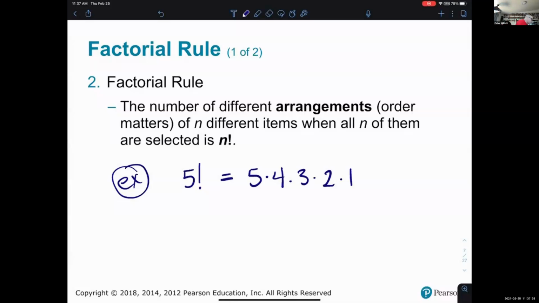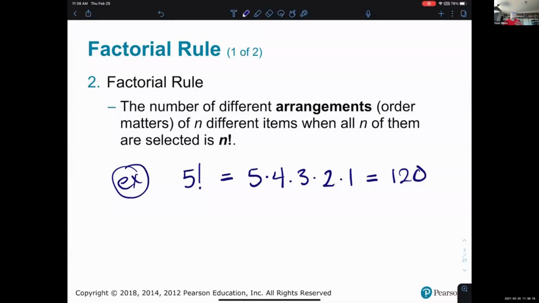And then this, of course, will result in an answer, a number, a value. So in this case, we get 120. So 5 factorial is a calculation that results in the number 120.